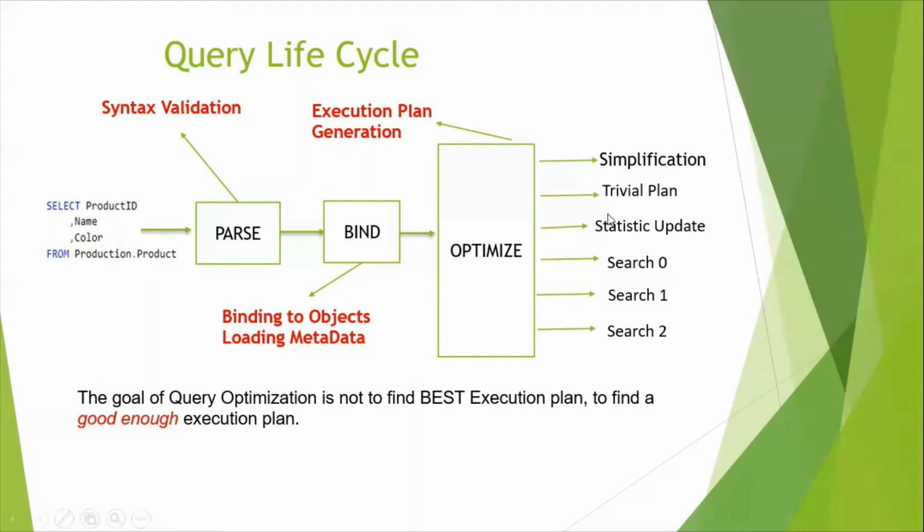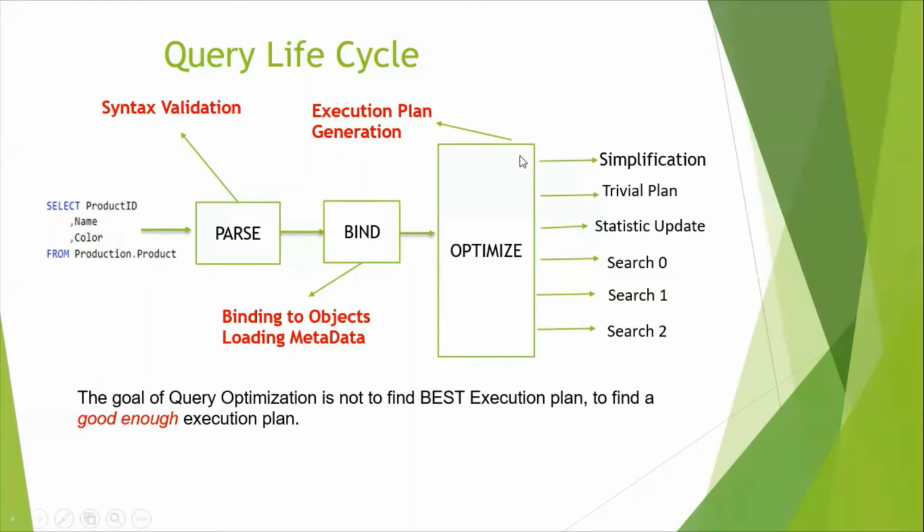If it is a simple query, let's say select star from table, without any joins, without any complexity, we call that a trivial plan.